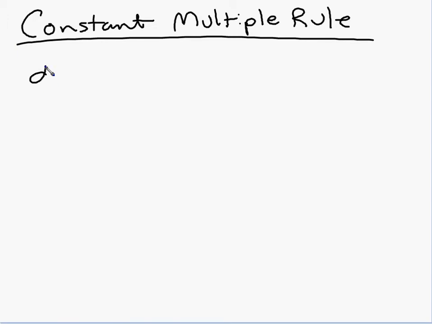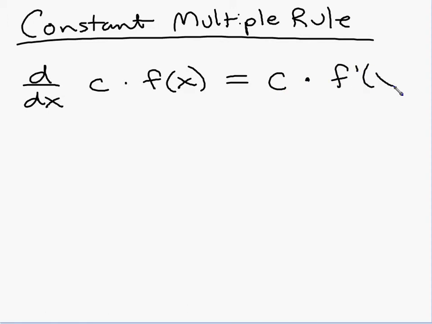The derivative of c times any function, c is a constant. If c is a constant, the derivative of a constant times a function is equal to, very important, the constant times the derivative of the function.